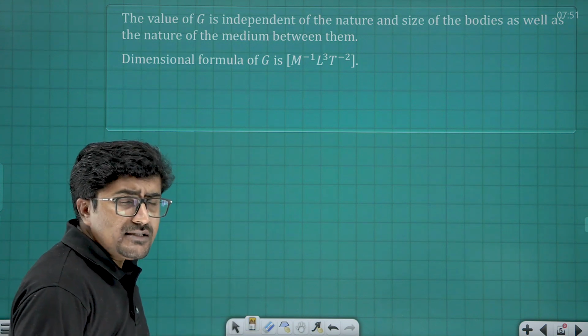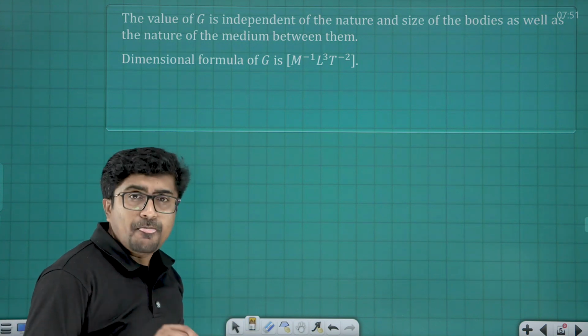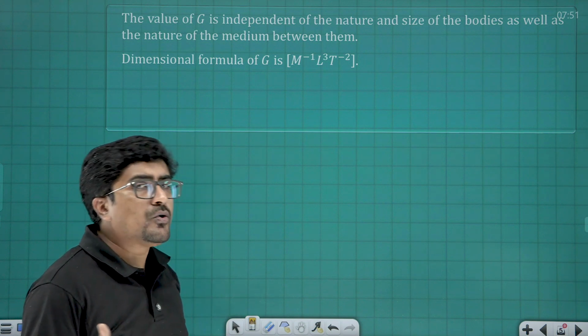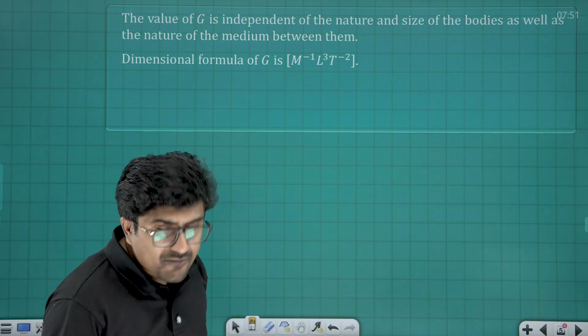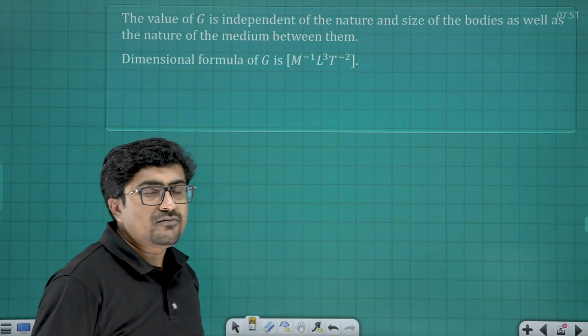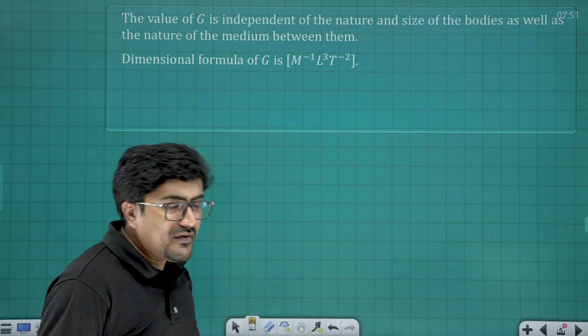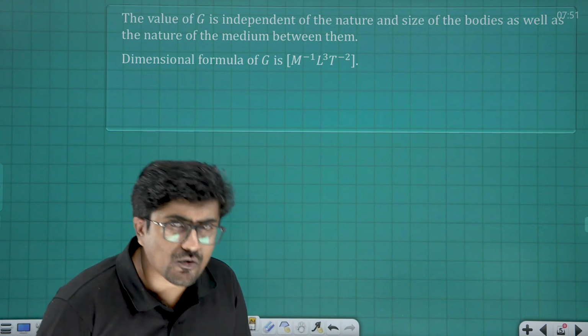And one more thing is, as I told you, this capital G, universal gravitational constant, is not going to change its value with respect to the place or with respect to the reference frame. On top of that, there is one more speciality of this particular constant. Obviously constant means one which is not going to change, it's going to be the same for all.